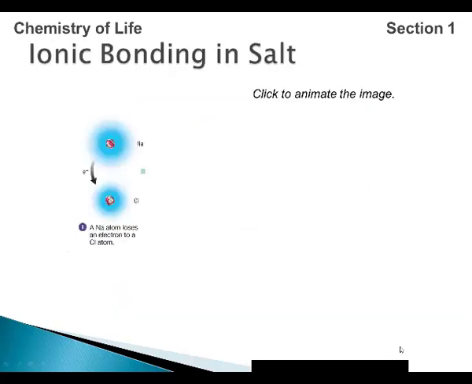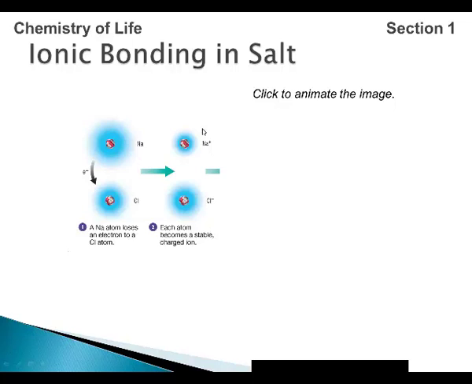Alright, so looking at ionic bonding, and specifically we're going to look at simply table salt. Table salt is a combination of sodium and chlorine atoms. So in this first section of the slide, a sodium atom loses an electron to a chlorine atom. So sodium gives up an electron. Each atom becomes a stable charged ion.